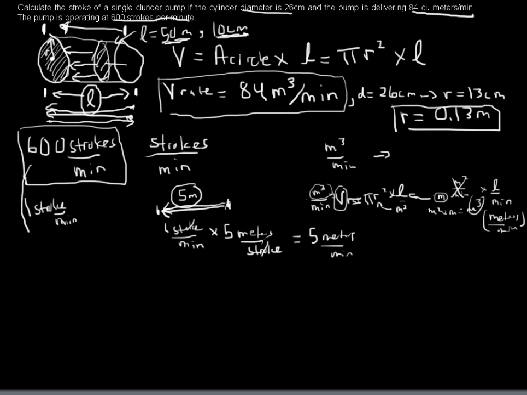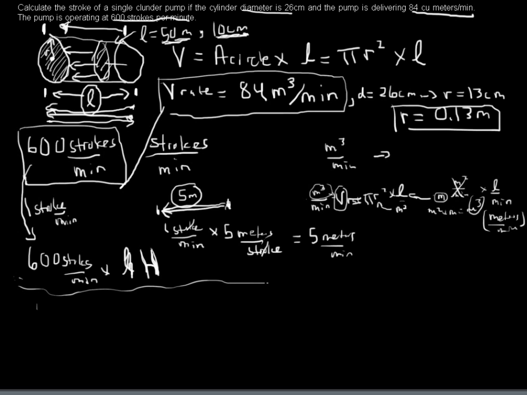So same thing with this, 600 strokes per minute. That doesn't tell you anything until we know how many meters are in one stroke, and that would be your L, or you can call it H. Okay, so let's plug everything back into the volume flow rate.